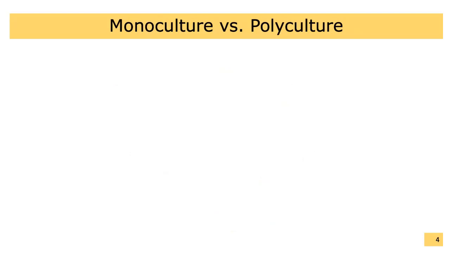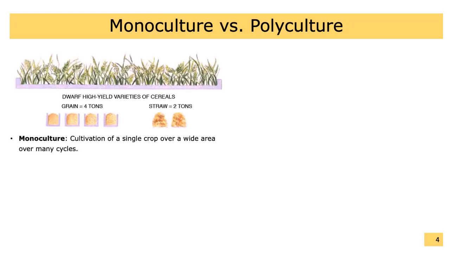In our module all about soil, we saw how industrial monoculture practices have depleted topsoil of nutrients and have been responsible for extensive erosion of topsoil. Monoculture is cultivation of a single crop over a wide area over many cycles. Monoculture gives larger yield with few resources.